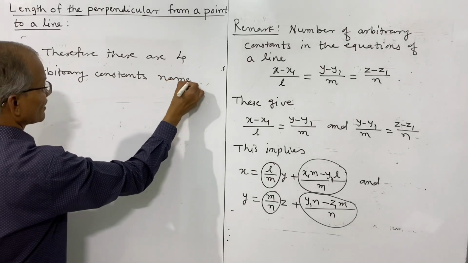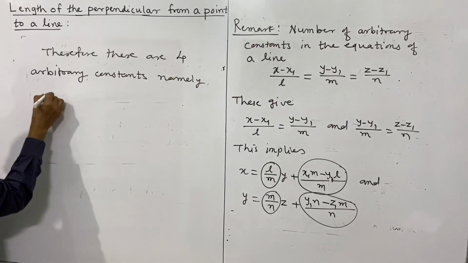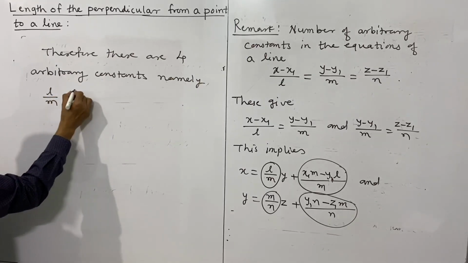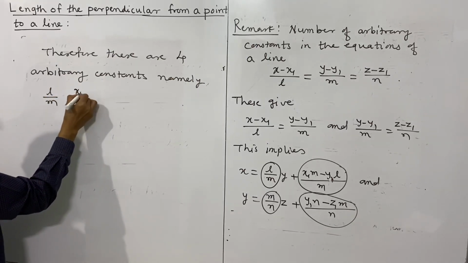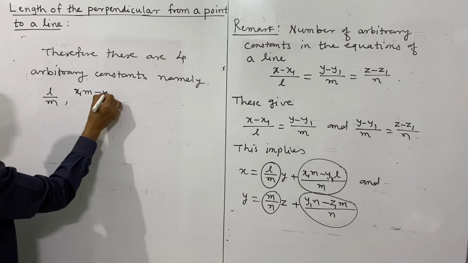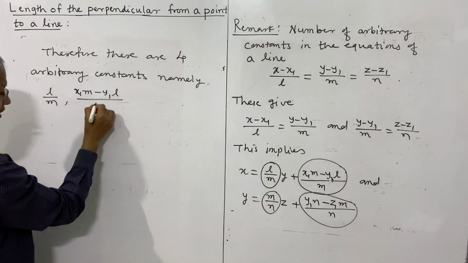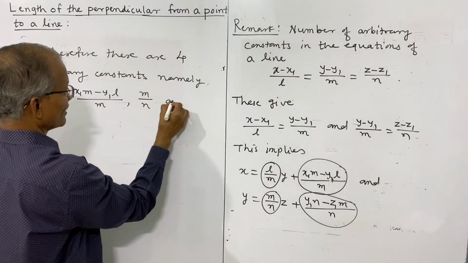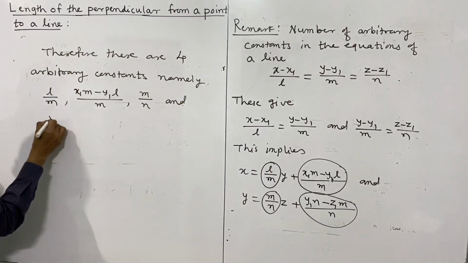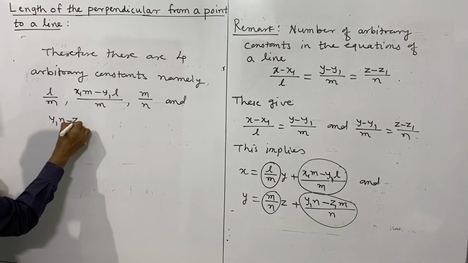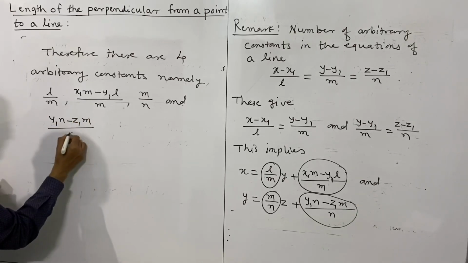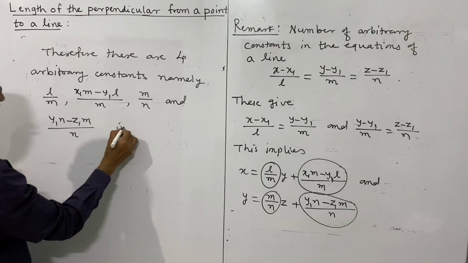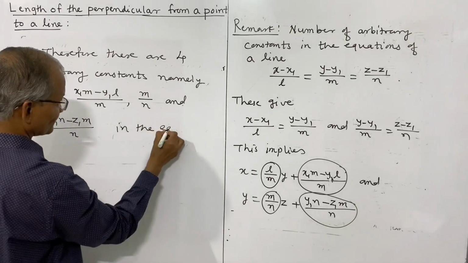Namely, the constants are l by m, next is x1 m minus y1 l divided by m, then m by n, and the last one is y1 n minus z1 m divided by n in the equations of a line.